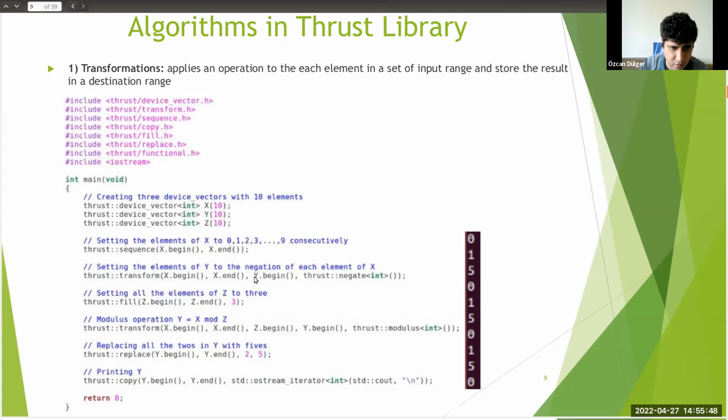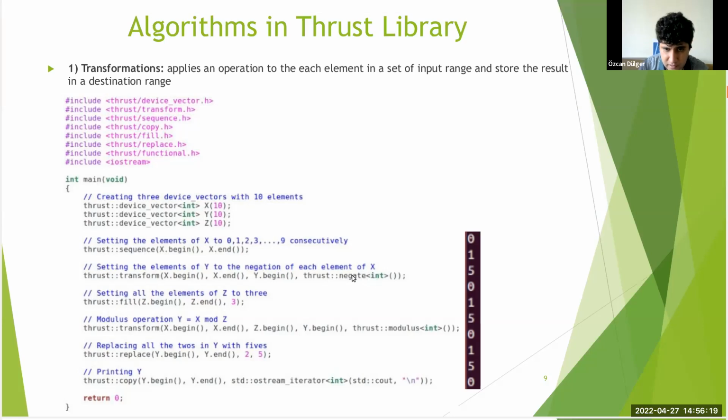The values of y will be the negation of each element of x. The starting index is the first element of x, the end index is the last element of x, and the starting position of y is the first element of y. So the negation of each element of x is copied to y. And the third parameter tells us that the operation is the negation operation.